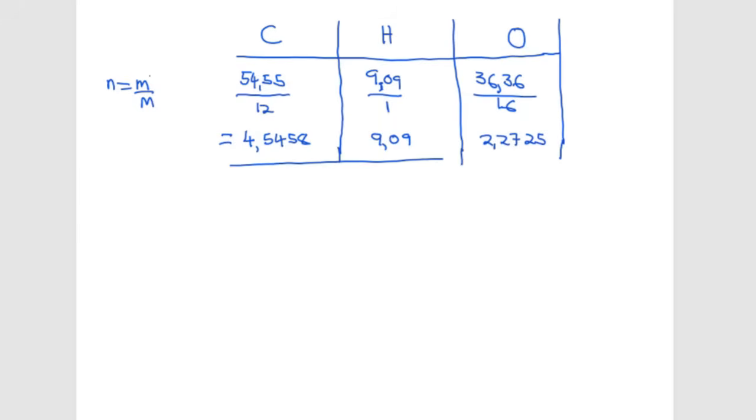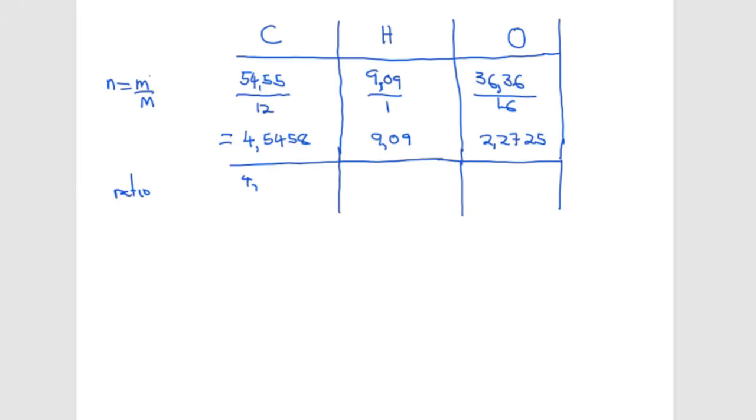So if I'm having that, these are my number of moles, right? Then after that, now I'm supposed to check on the ratio, right? So the mole ratio. Now the simplest ratio that I'm going to get is to divide by the least number of moles. The least number of moles you can see is 2.2725.